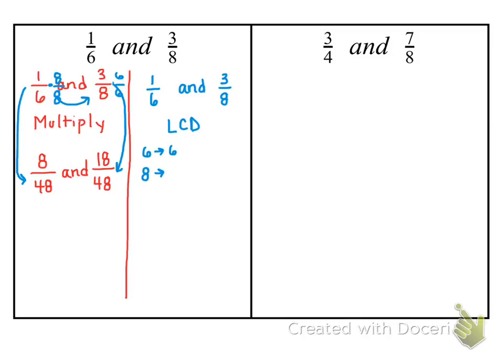So 6 times 1 is 6, 6 times 2 is 12, 6 times 3 is 18, 6 times 4 is 24. I'm going to stop there because I know 8 times 1 is 8, 8 times 2 is 16, and 8 times 3 is 24. So I see that 24 is the first number that they both go into. So 24 is the fraction denominator I'm going to want to use.